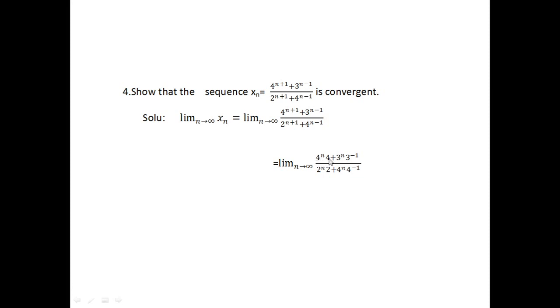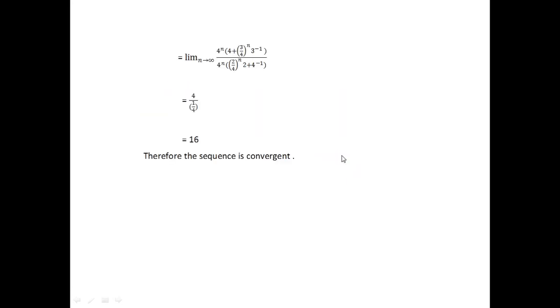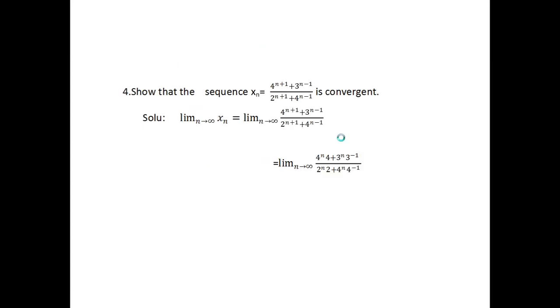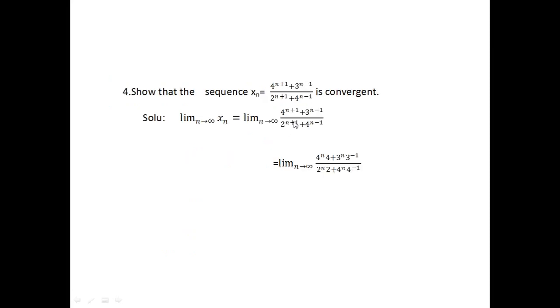The remaining is 4 plus 3 to the power of n by 4 to the power of n. That can be written as 3 by 4 all to the power of n. So we have 3 by 4 all to the power of n into 3 to the power of minus 1, divided by, taking 4 to the power of n common in the denominator, we have 2 to the power of n by 4 to the power of n.